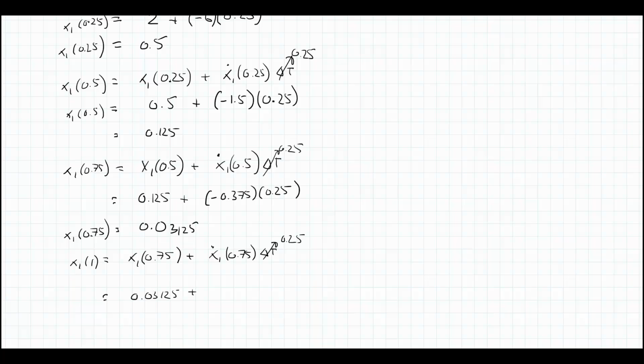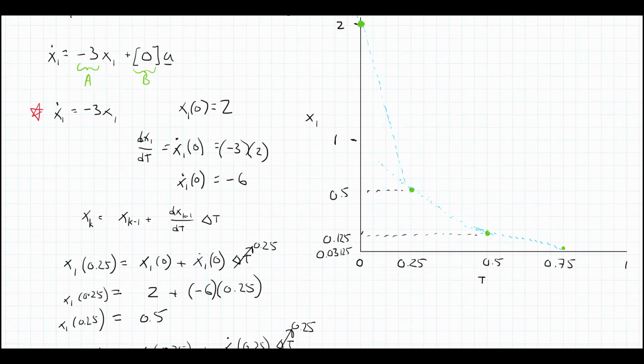That's -3 times my previous x1 for this one, so that comes out to an even less steep slope, negative 0.094, I'll round off a little bit here, times 0.25. And I do this calculation, and it comes out to a small number, 0.0078. Again, I'll round, I won't put all the digits there. So 0.0078. We are, at least on this graph, basically down here, very close to 0.